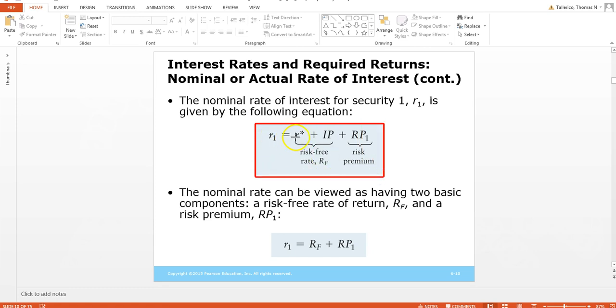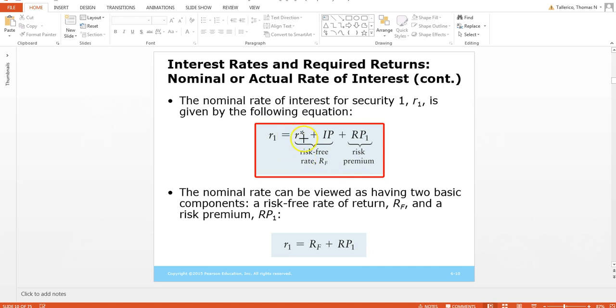The nominal rate is equal to the real rate plus the inflation premium plus the risk premium, like on a bond. This equation actually goes longer. There's a market premium, and you'll see it in a lot of books with about 6 or 7 terms. But suffice it to say that these 2 terms here are called the risk-free rate that you would get on Treasury securities, and then there is the risk premium.